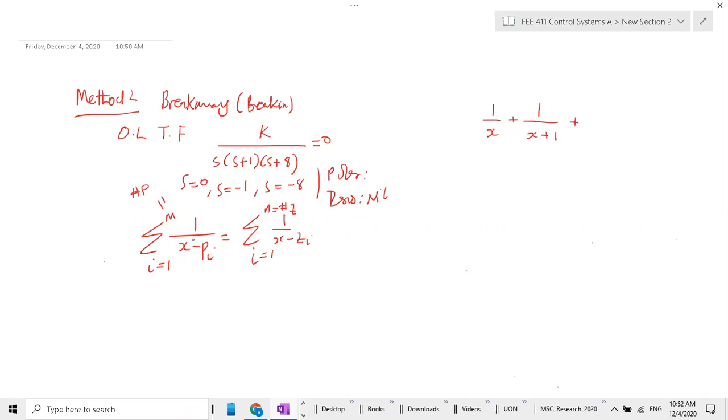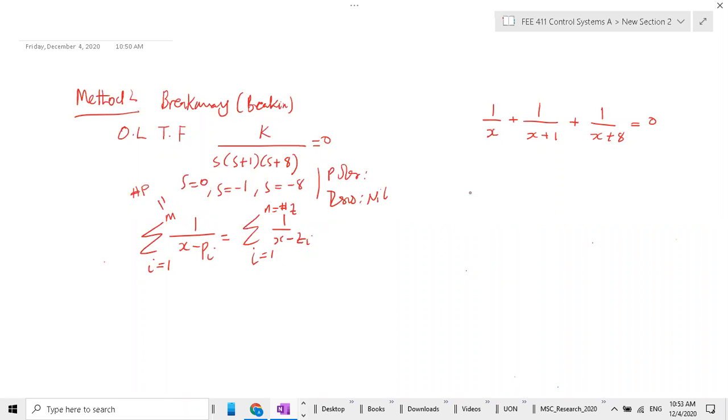And then another one is S equals -8, so you have X minus -8, which is X plus 8. We don't have any zero, so it equals 0. So you solve that.